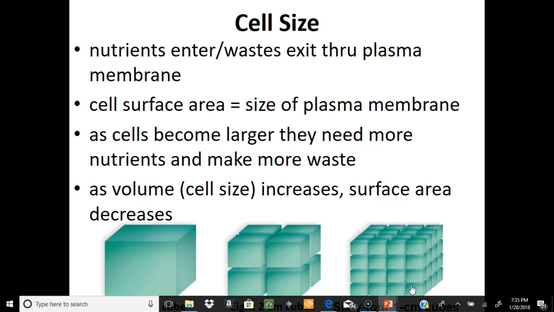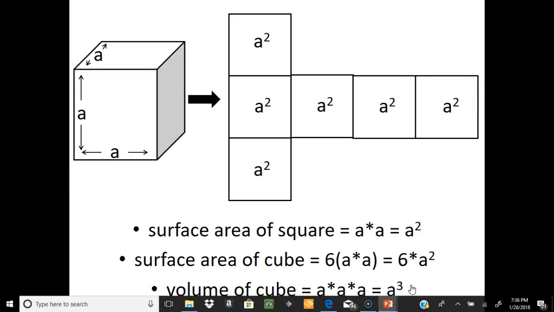And so we've evolved to become multicellular, and each individual cell can do more work than that one large cell. As volume increases, surface area decreases. And so we want to make sure that we don't have too large of a cell to get the job done. So let's look at a basic cell.